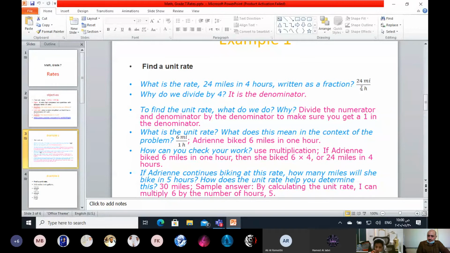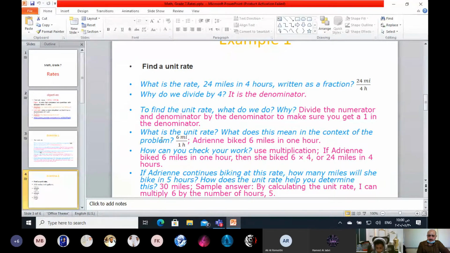How to change 4 to 1? Divide by 4, because 4 divided by 4 will be 1. So I will divide 24 up and 4 down by 4. To find the unit rate, what do we do and why? Divide the numerator and the denominator by the denominator to make sure you get a 1 in the denominator.